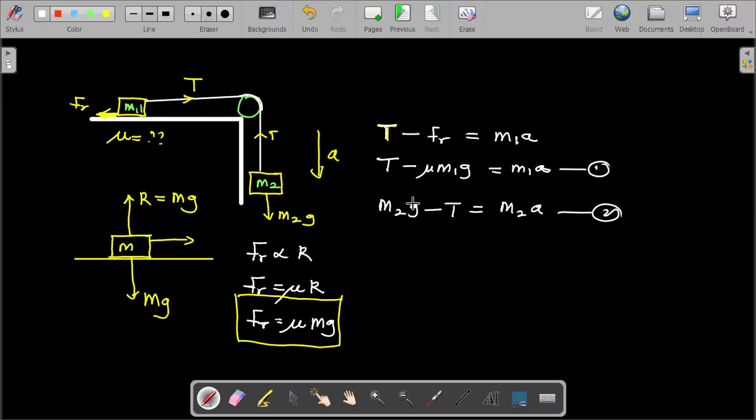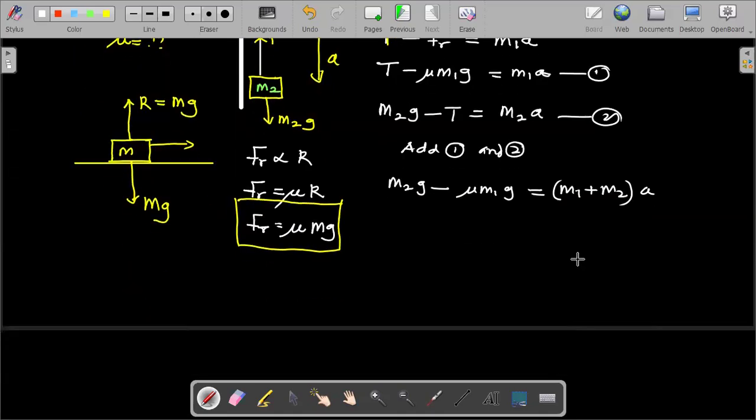We can add equation 1 and 2, and we're going to eventually have M2G minus mu M1G equals M1 plus M2 times the acceleration, since the acceleration is common for this case.